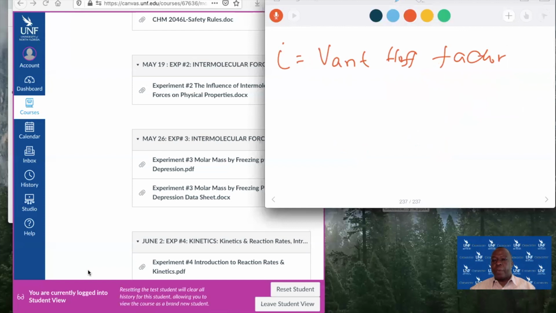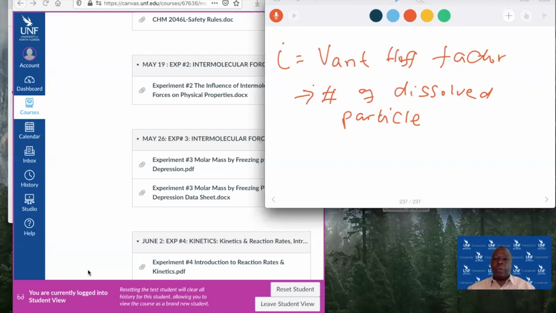And this stands for the number of dissolved particles. You will be required to recall the concept of ionic compounds and molecular compounds.